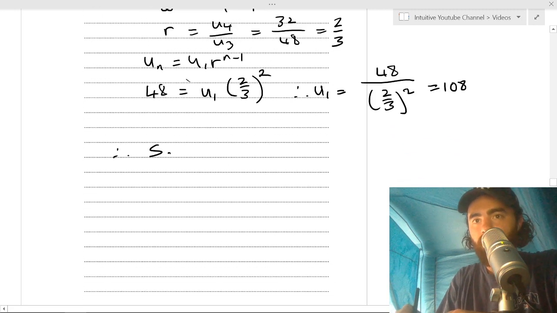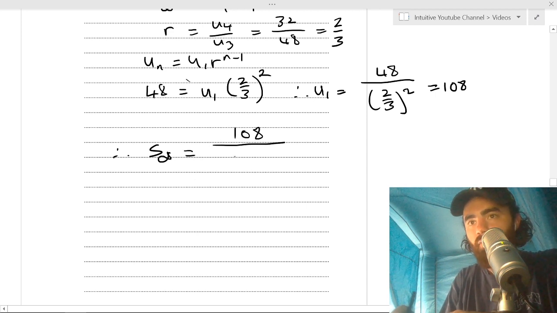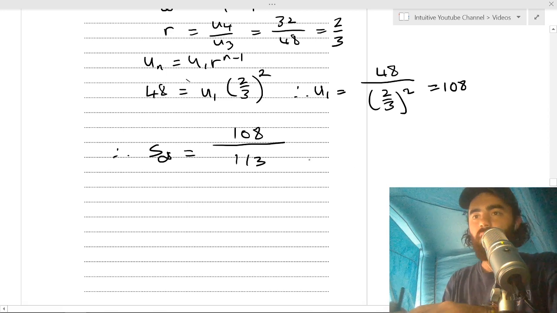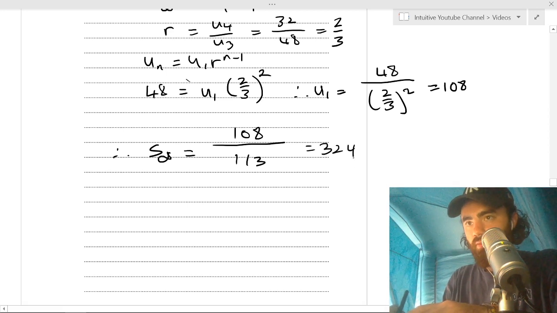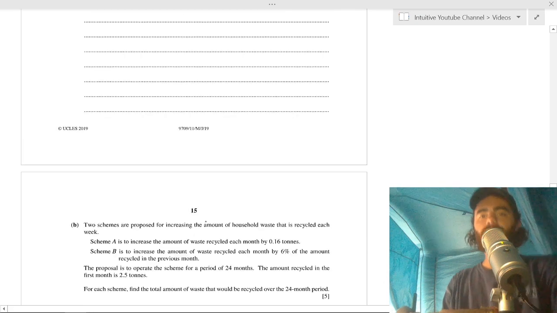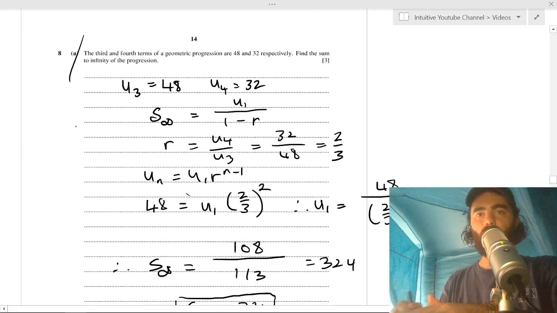So finally, our sum to infinity equals our u1, which is 108, over 1 minus 2 over 3, which is 1 over 3. So we divide this by 1 over 3, and we get 324. So your sum to infinity is equal to 324. Boom.